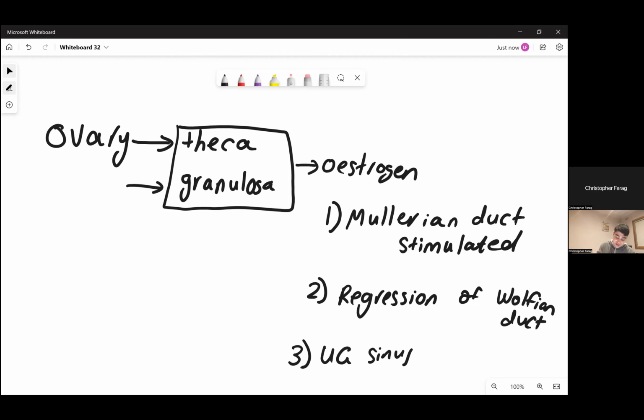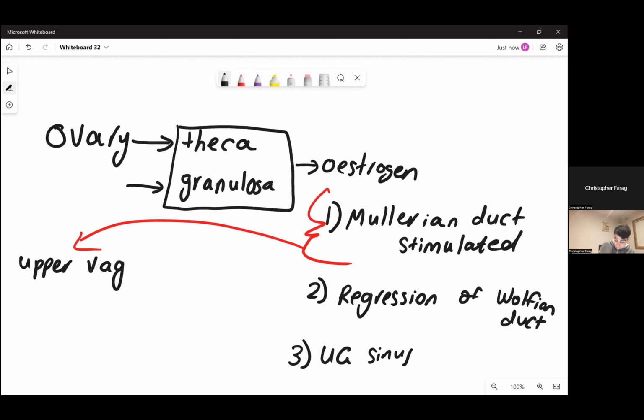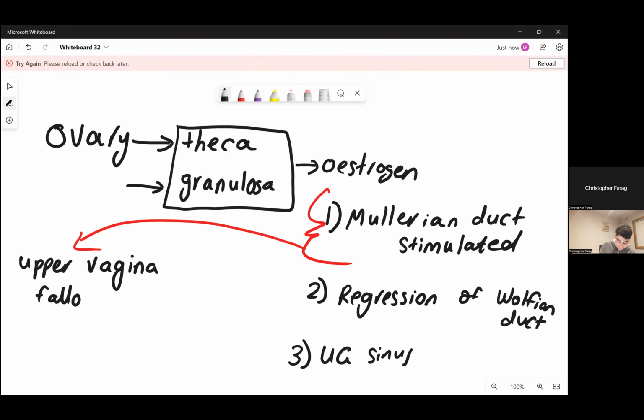All right, so just into more detail on the Müllerian duct for a second. What is the Müllerian duct going to form? Well, the Müllerian duct is going to form your upper vagina, your fallopian tubes, and of course your uterus.